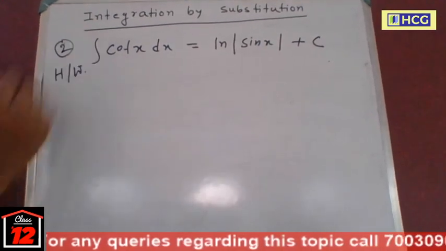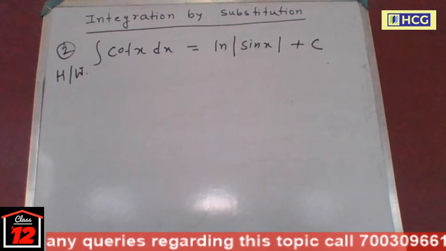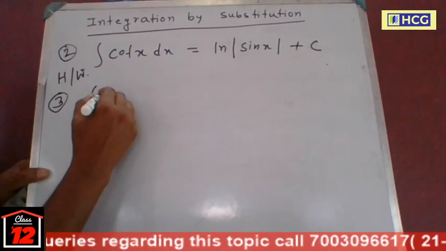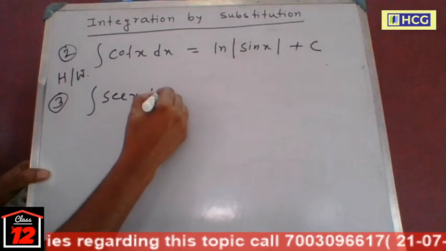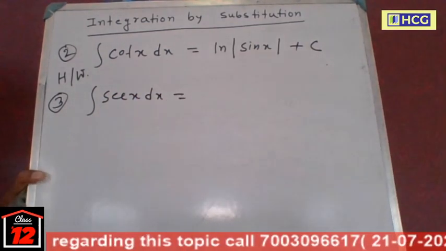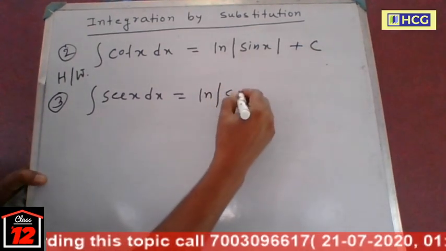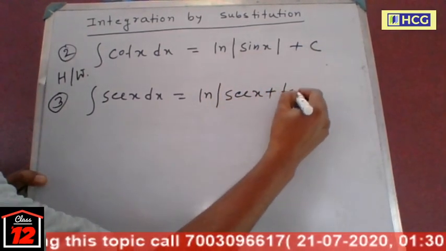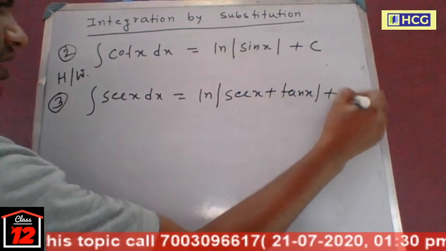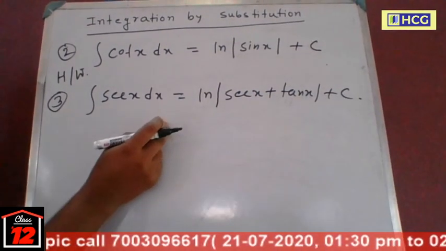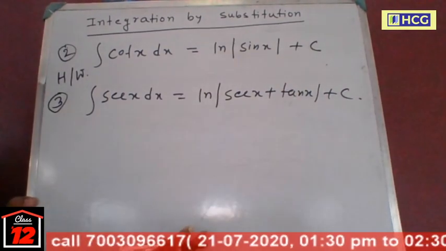This is number 2. Now number 3, integration sec x dx is ln mod sec x plus tan x plus c. Now prove this result.